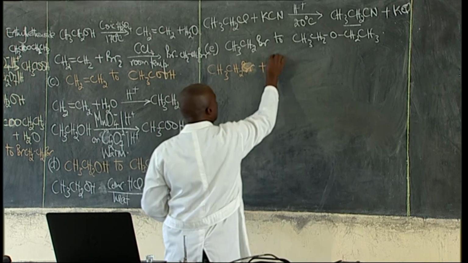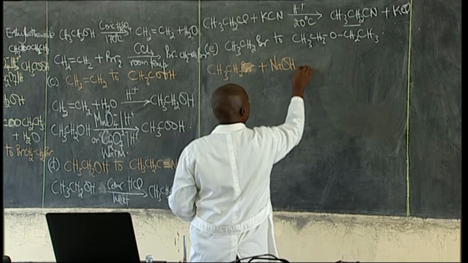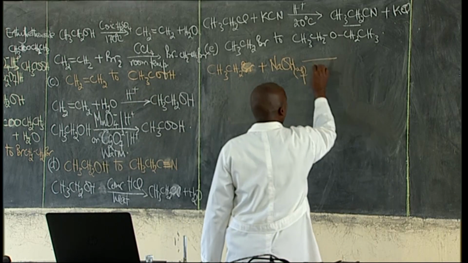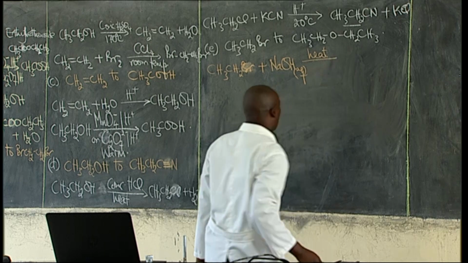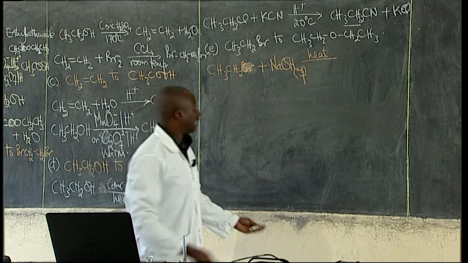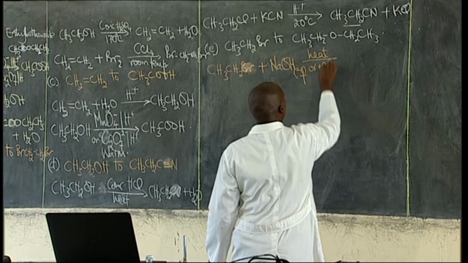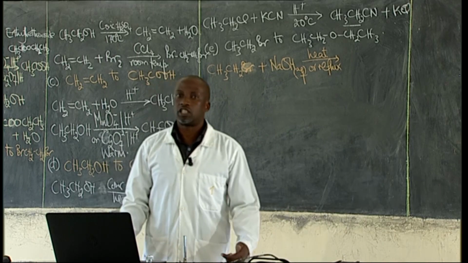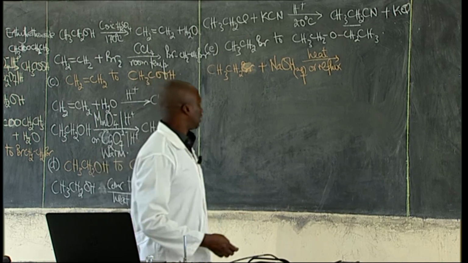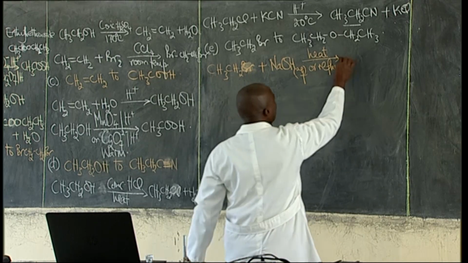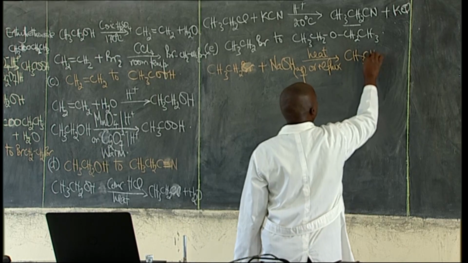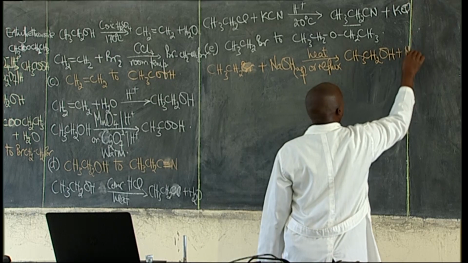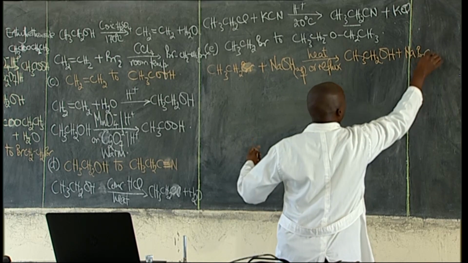We'll add aqueous sodium hydroxide, and you remember this reaction takes place under heat or under reflux, or we use the words interchangeably, though it's not the same, but those words are used interchangeably. Then we will get the alcohol, CH3CH2OH, plus sodium bromide.